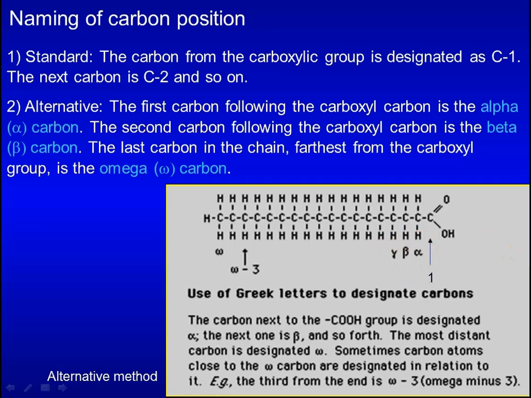The last carbon in the chain is called the omega carbon, and therefore the third from the end is called the omega minus 3 carbon.